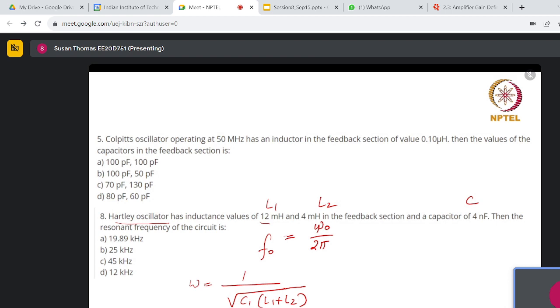Substitute L1, L2 as 12 millihenry and 4 millihenry, and capacitor value as 4 nanofarad.